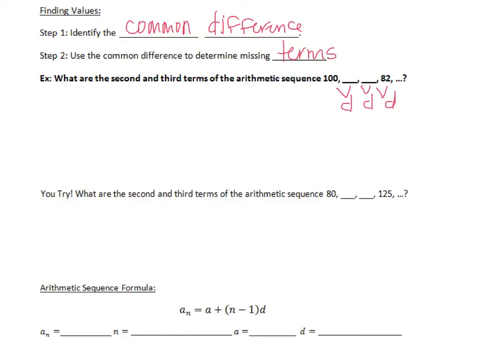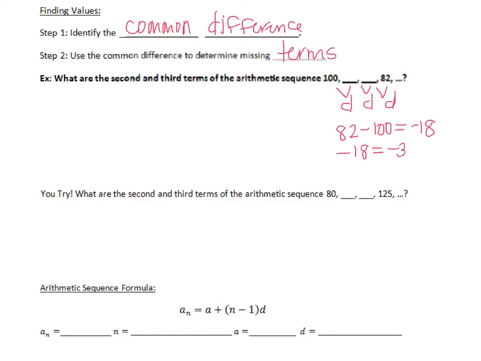Well, if I go from 82, my fourth term, and find the difference between that and my first term, the difference is negative 18. And negative 18 is made up of all the common differences in between, which, as you can see, were 3: 1, 2, 3. So negative 18 is equal to 3D.